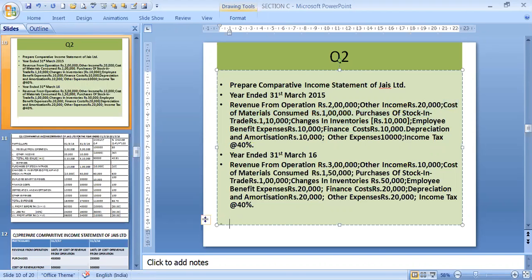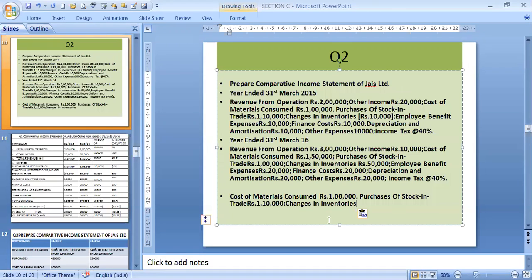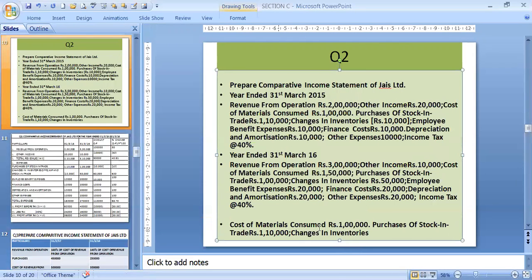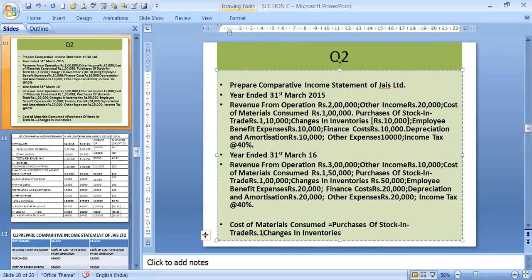Cost of material consumed equals purchase of stock in trade, that means simply purchase, plus changes in inventory. That is the meaning of cost of material consumed.